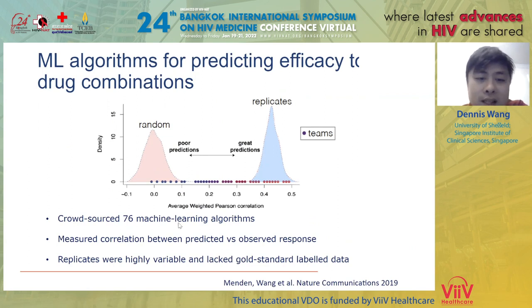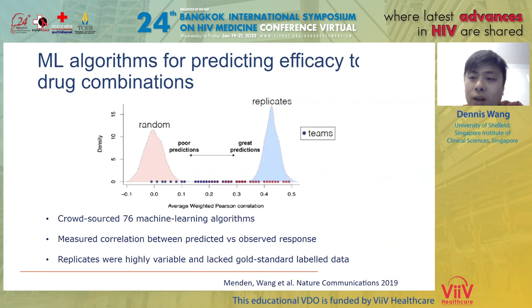There were 76 machine learning algorithms used, and you can see there's a variety of prediction accuracy. We measure prediction accuracy by using the Pearson correlation between the observed and predicted synergy scores of the drug combination.